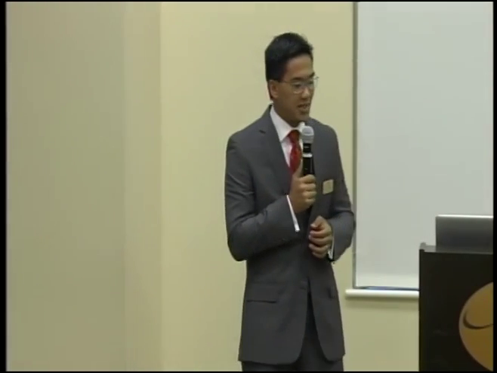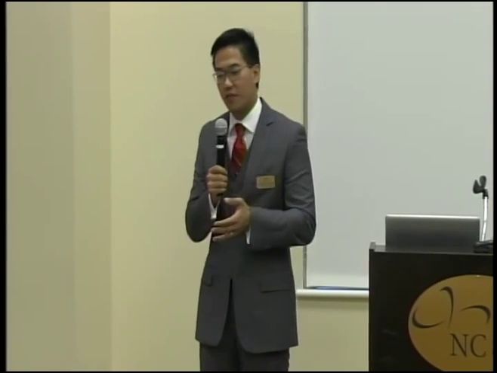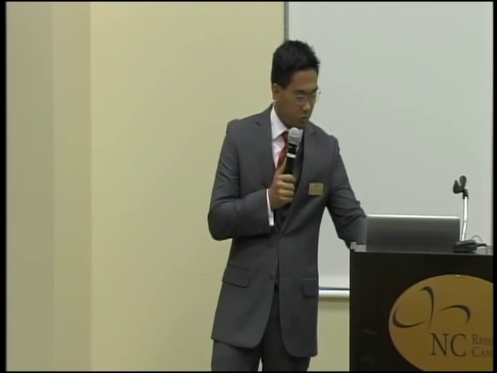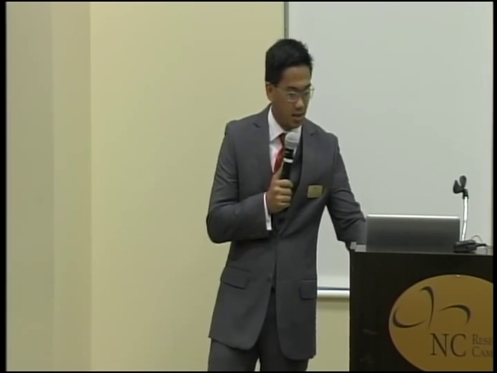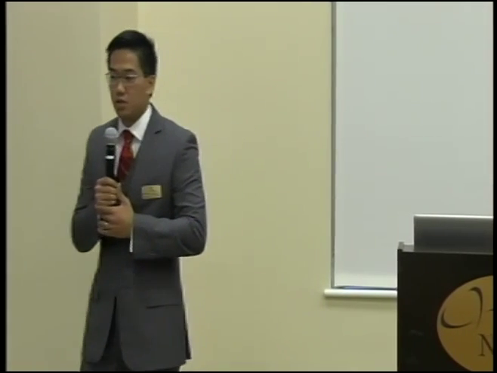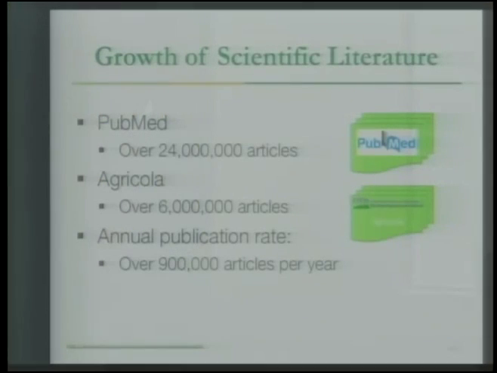But there's always that big problem: there's a lot of good information, but the other half of that is that there's so much scientific literature out there. PubMed, which is the host for all the different articles about biomedical research, has over 24 million articles held in it.